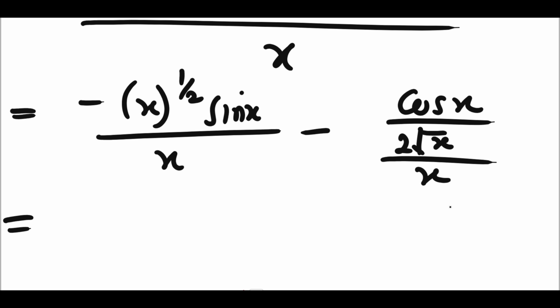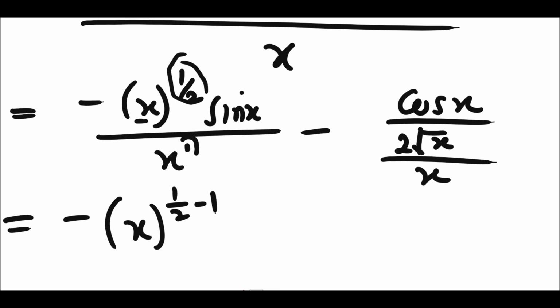So we are going to now divide. So we have x exponent half, then x exponent 1. So we apply the law of indices. We are dividing, so it's going to be negative, then x in bracket, exponent half minus 1. So the power here minus the power of the x over here, then sine x.